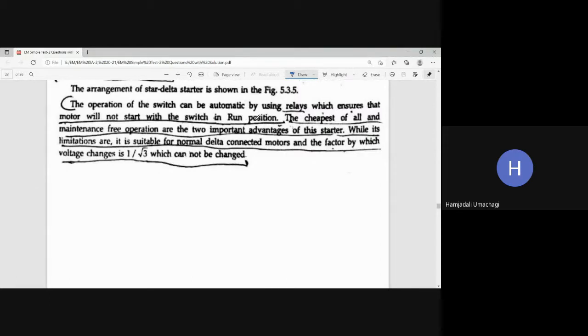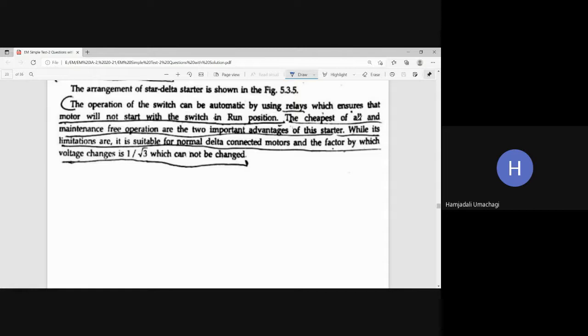So relays are so intelligent that they will always allow the induction motor to start in star connection only. It will not allow the induction motor to run in delta position. So this throwing of the TPDT switch from starting to the normal running condition, that is from star to delta, will be taken care of automatically with the help of the relays.